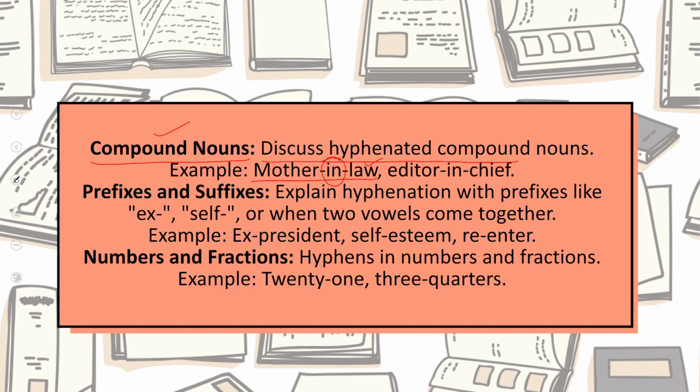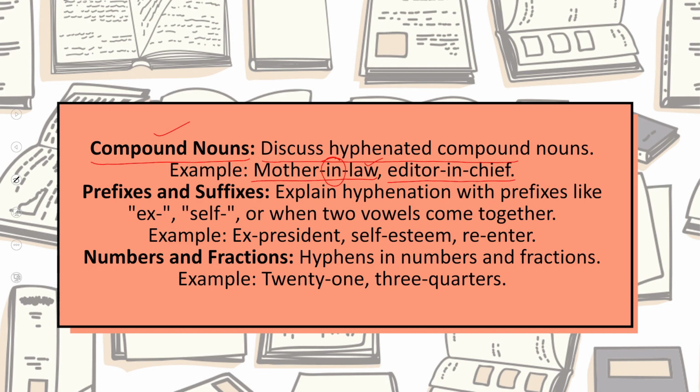This is our preposition. So two nouns, one preposition. What do they make? Mother-in-law. Editor-in-chief, right? This is also made up of two nouns, editor and chief. So that's why it is called a compound noun. And to separate that from a preposition, we use the hyphen punctuation mark before and after our nouns.